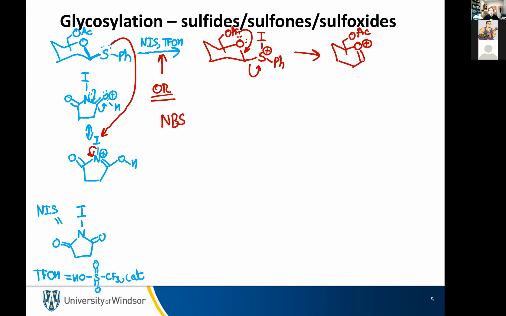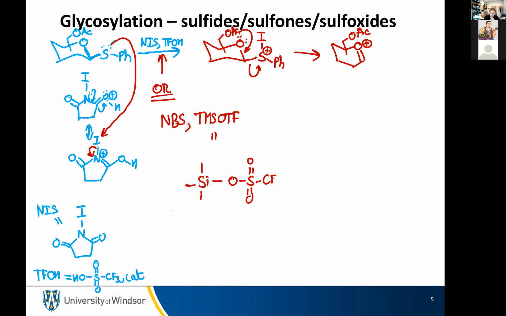It's kind of irrelevant whether you use NIS or NBS. NBS is the same thing with bromine instead of iodine. And if you don't like triflic acid, you can use TMS triflate. TMS triflate is a lot like triflic acid. If you don't know what that is, it's silicon with 3 methyl groups attached to the triflate.